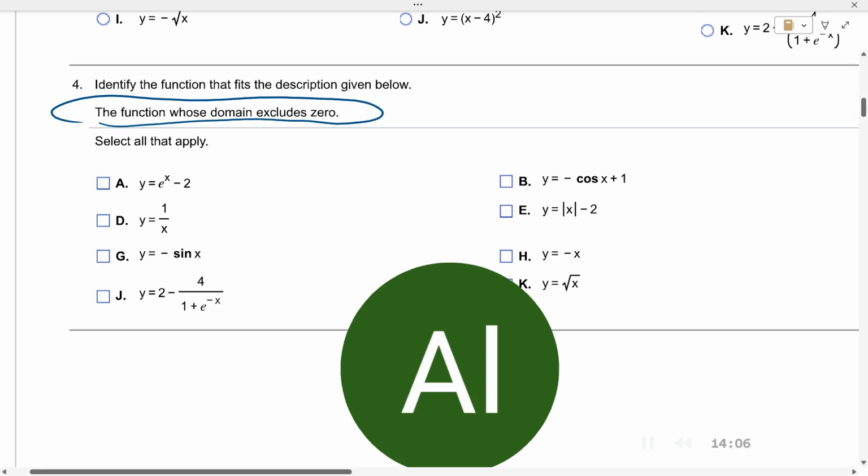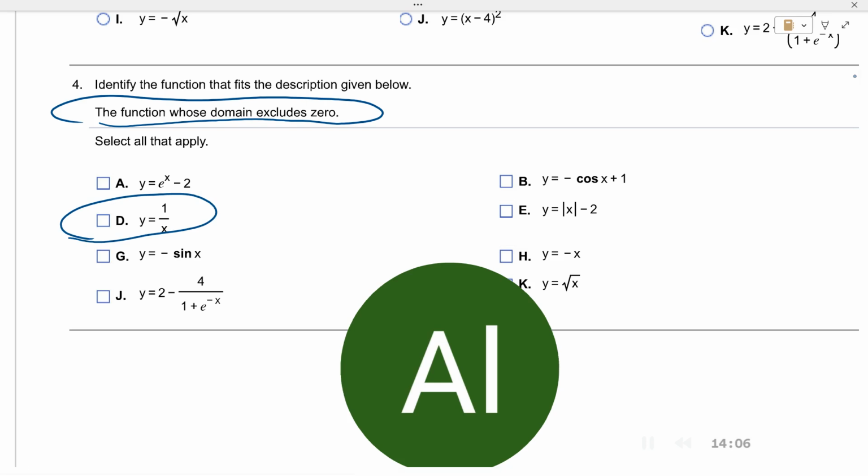Which of these has a domain that excludes 0? That doesn't have a 0 in it. Okay. Can you have e to the 0? Yeah, that's 1. Can you have 1 over 0? Nope. The sine of 0 works.